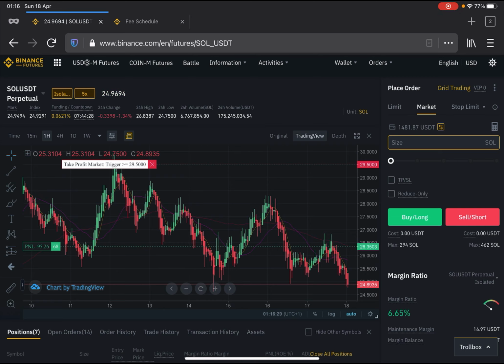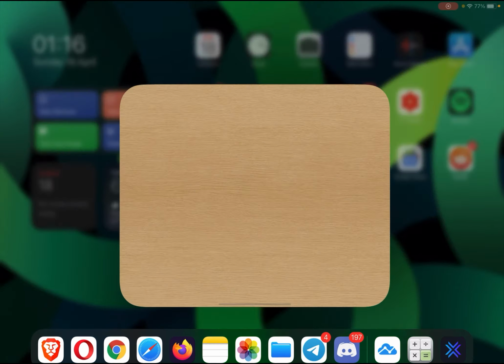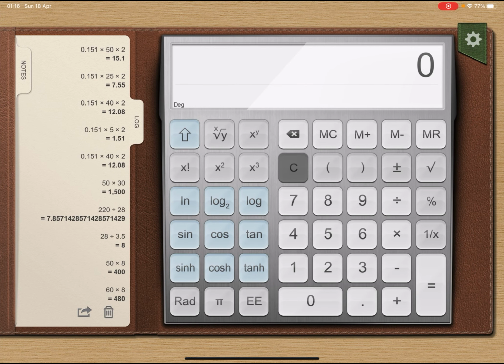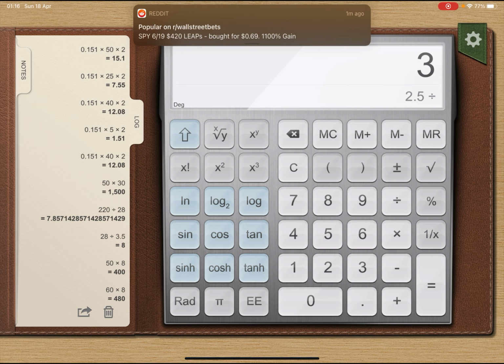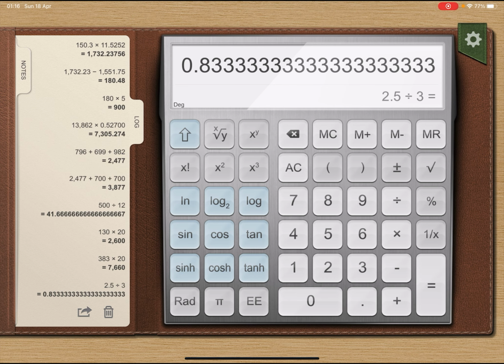So 2.5 divided by 3, that's how much each apple is worth. Each apple is worth about $0.83, whereas initially we bought each apple for $1, right? 2 apples, $2. Now the third apple happened to cost 50 cents, and you decide to buy it at a lower price. Now it averages out to about 0.83 each apple, right?